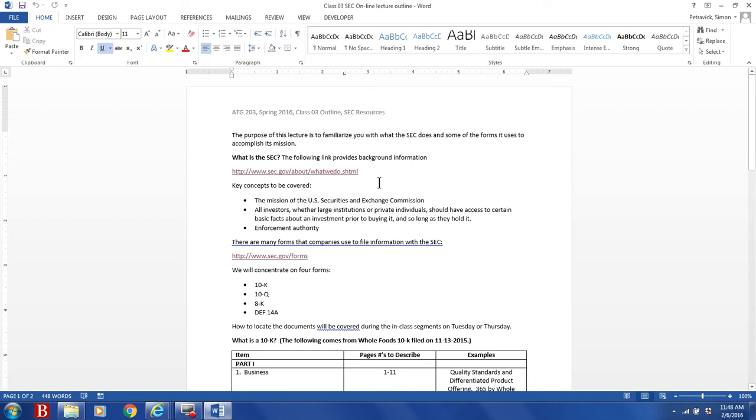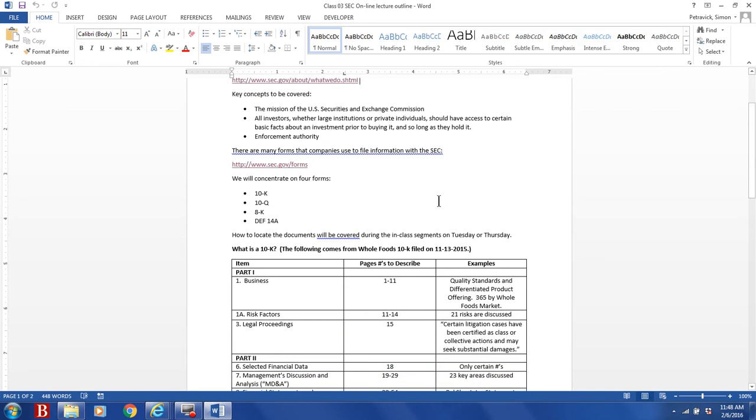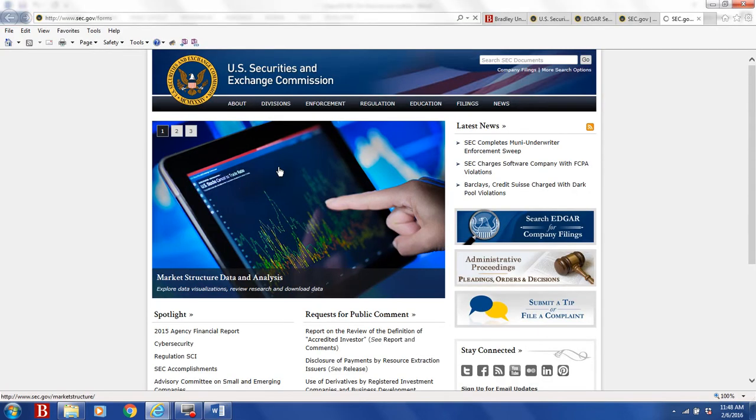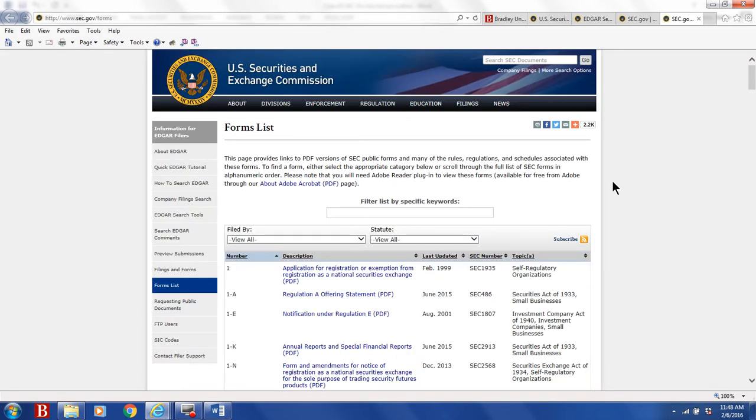So review this page and have some general knowledge about what the SEC does. The other thing we want to look at, and we'll go into 4 of these in greater detail, are the forms that the SEC issues or uses in order to engage in its activities.